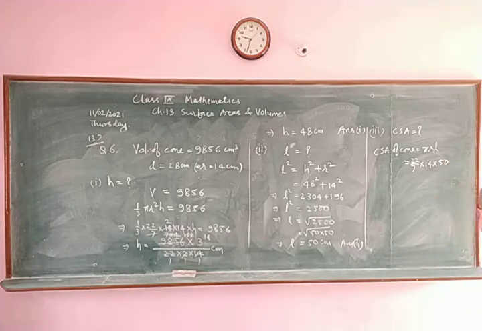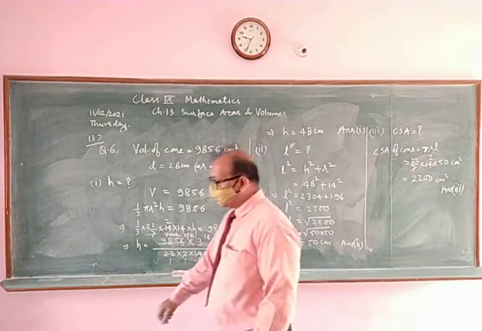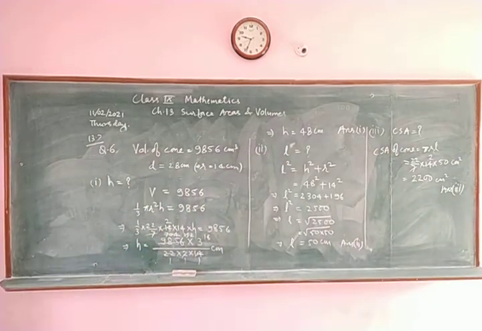Now, what is the unit of area? Square unit. So it is square centimeter. 7 2s are 14. So 22 into 2 into 50 is 100 into 22. 2200 square centimeter. Answer number 3. Clear? So note it down. Then we move to the next question.